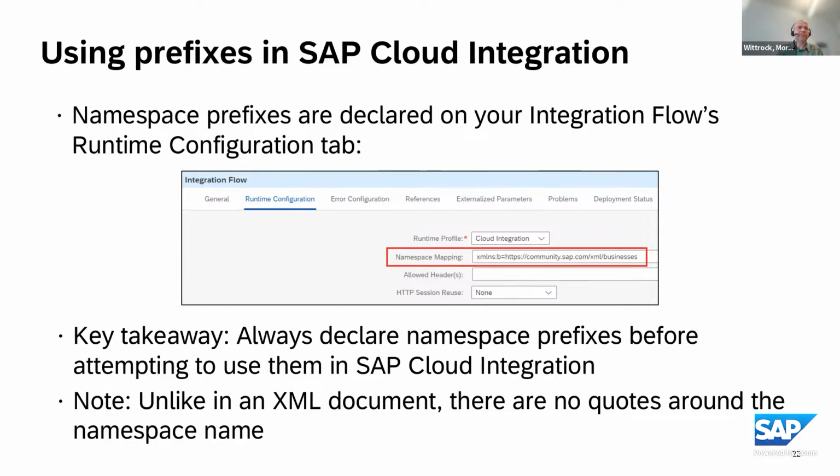Also keep in mind that unlike in the declaration inside the XML document, there are no quotes around the namespace name when you declare it on the Runtime Configuration tab.